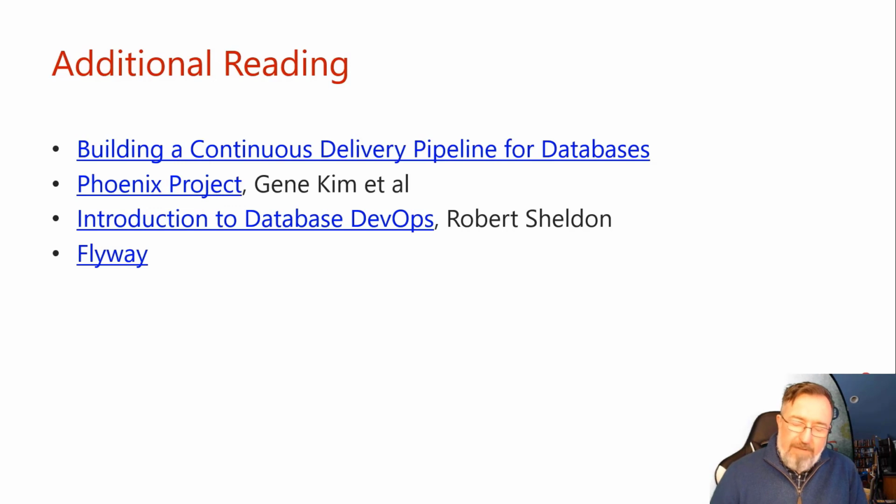It's not a great novel, but it's a fantastic parable of the concepts of DevOps, why we need a style of development that's like DevOps, and the rewards of moving to a DevOps style approach. I would also recommend the Introduction to Database DevOps by Robert Sheldon, and finally the Flyway documentation to go over some of the stuff that we did today if you want to get into that in more detail.